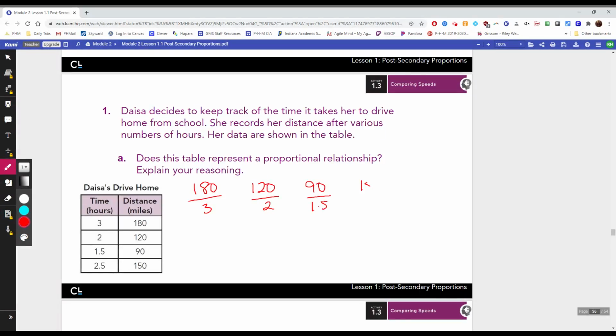And if we were to actually divide these fractions, we would find that all of them are equivalent and they all end up equaling 60, or 60 over 1, meaning 60 miles per 1 hour. So this does represent a proportional relationship because of the constant ratio.